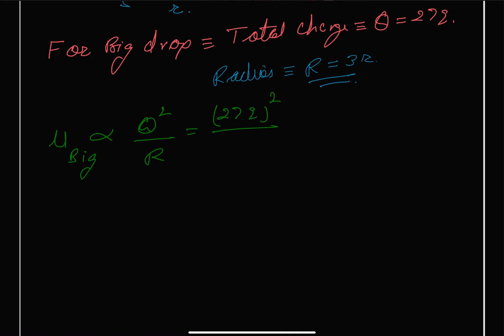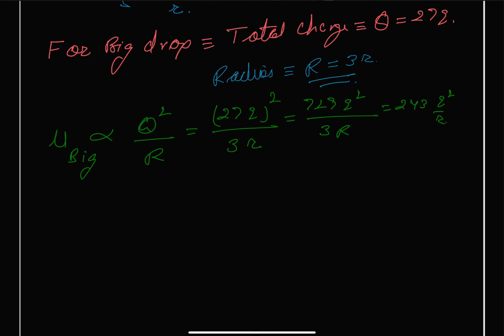This comes to 729 q square divided by 3r, which gives us 243 times q square upon small r.